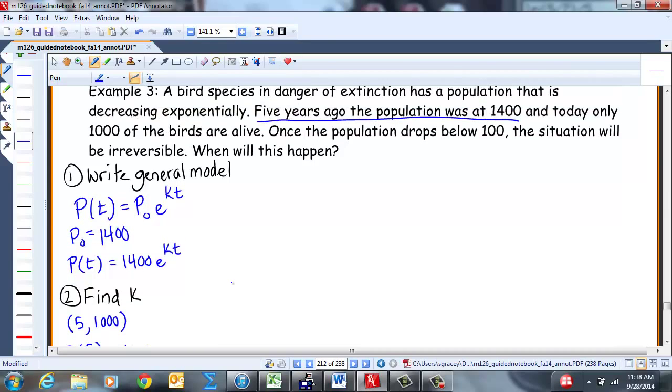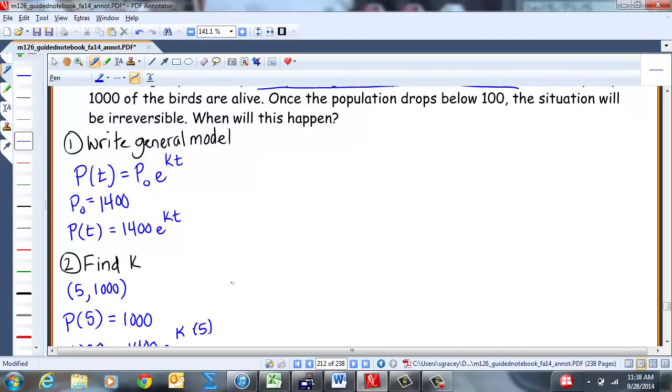So now we're using that last piece of the item, so 3, find t when P at t equals 100.